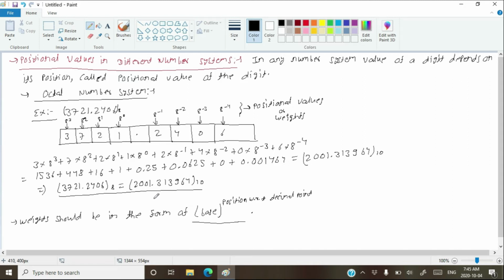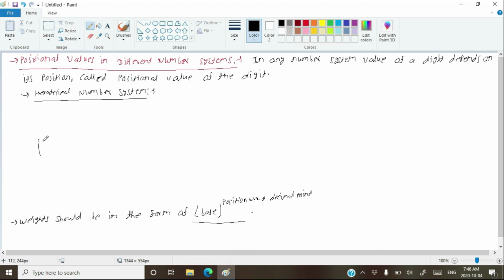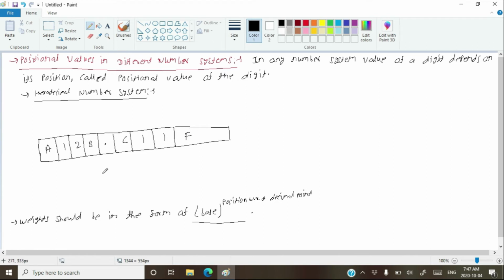Okay, so hopefully you are getting my points, and let's do the same exercise for the hexadecimal number system. Suppose that your hexadecimal number system has various hexadecimal digits like A12B.C11F, something like this. So how will you assign the various weights to all the hexadecimal digits?